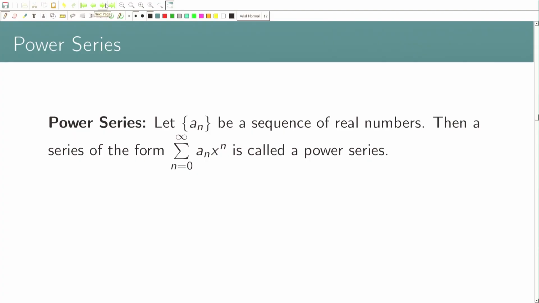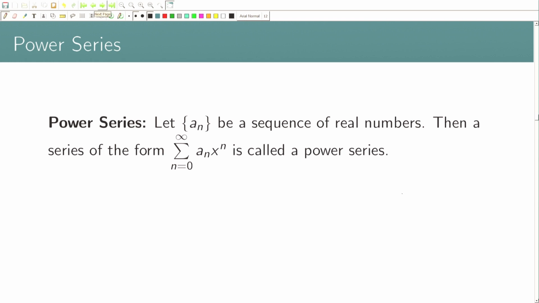Now, another familiar series which we deal with is the power series. Let A n be a sequence of real numbers. Then the series of the form A n x to the power n is called a power series.